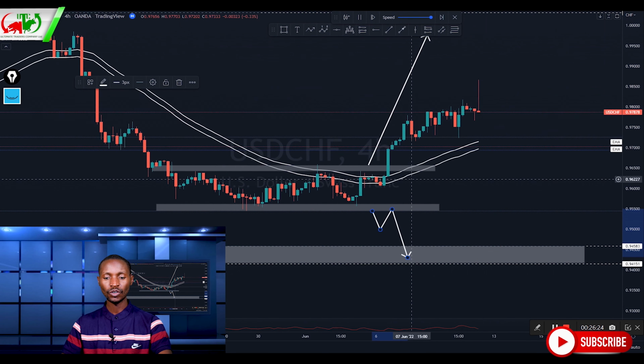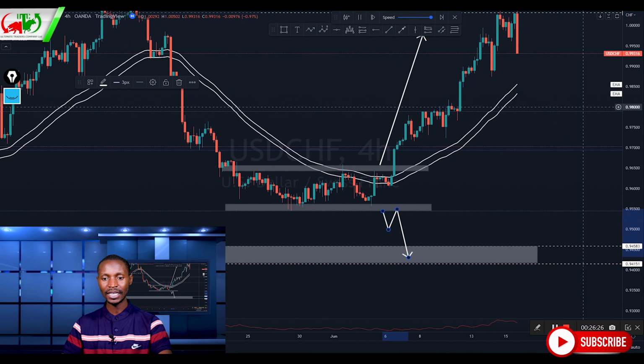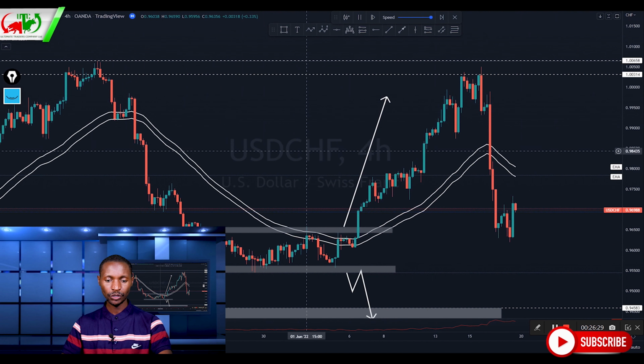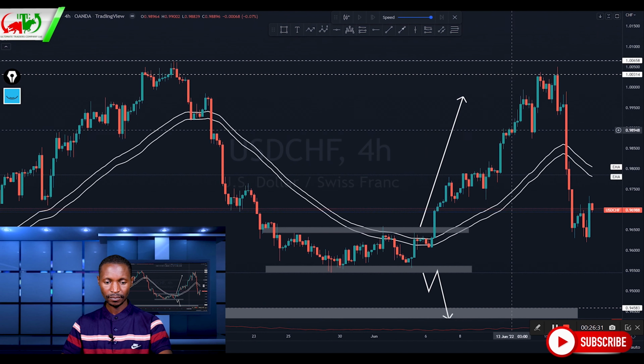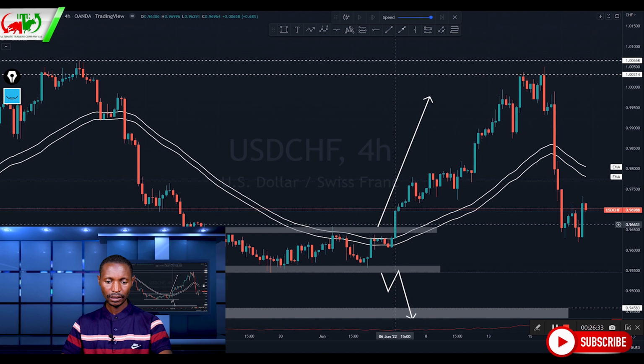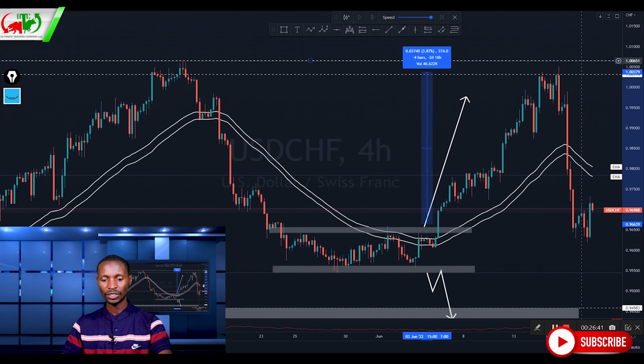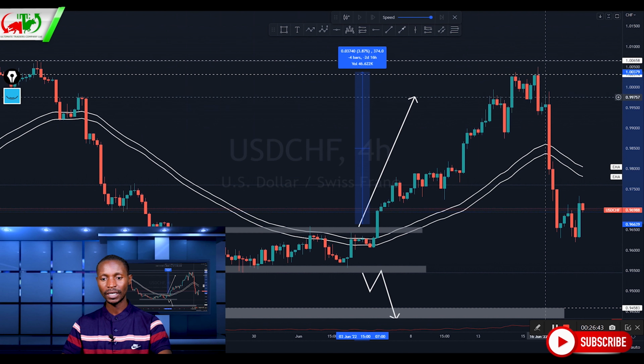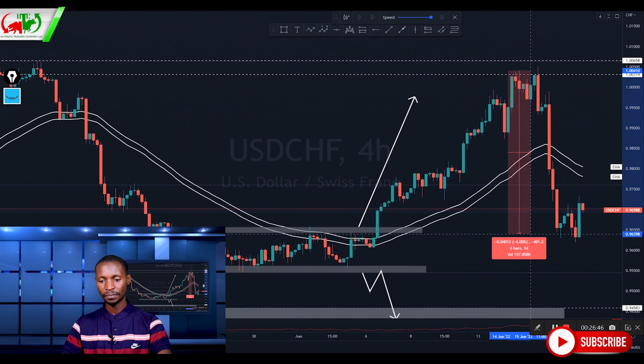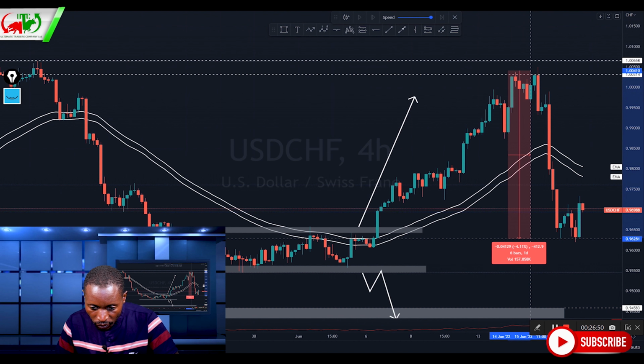It has broken this consolidation, and since then it has pushed about 360 pips, and then it defended this major resistance, which was also highlighted, and then pushed back another 412 pips.